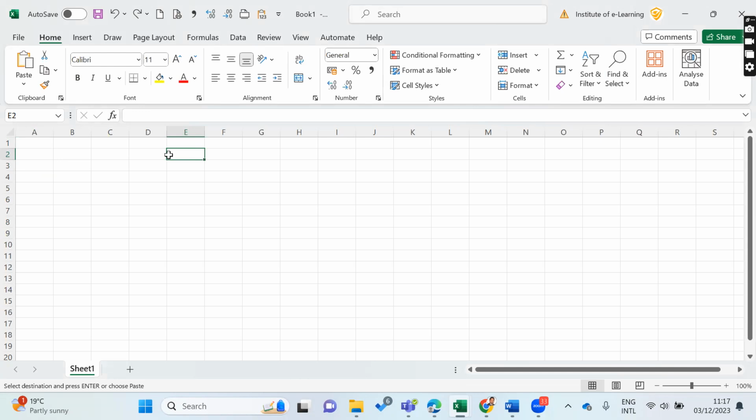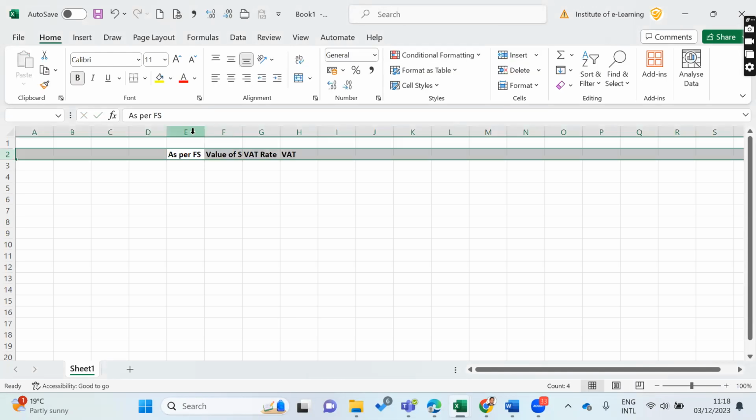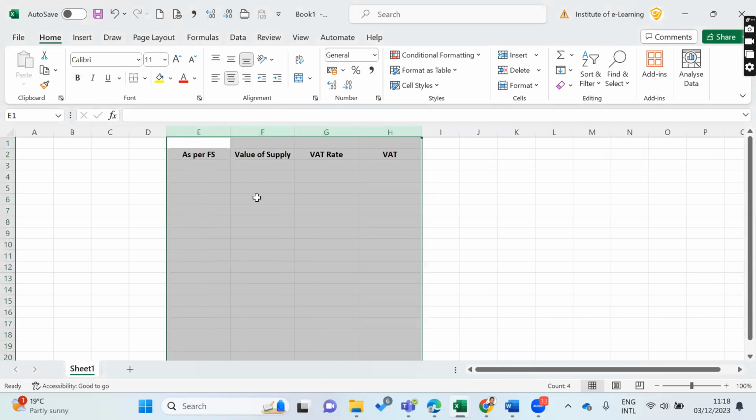Hope you can see this, as per the financial statement, the value of supply, the VAT rate and the VAT component. These are the three things. The amount given as per the financial statement or as per the information can be taken.